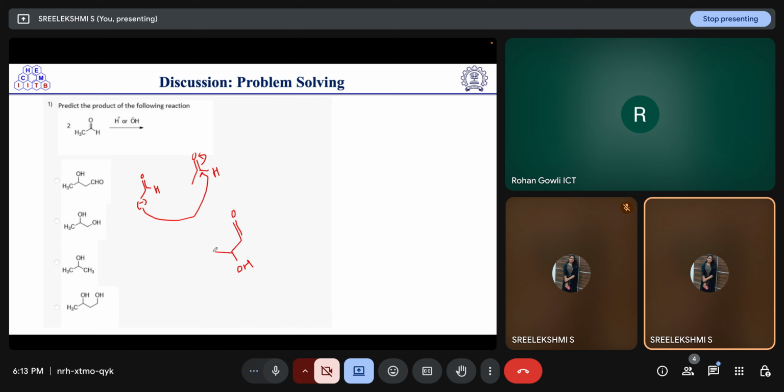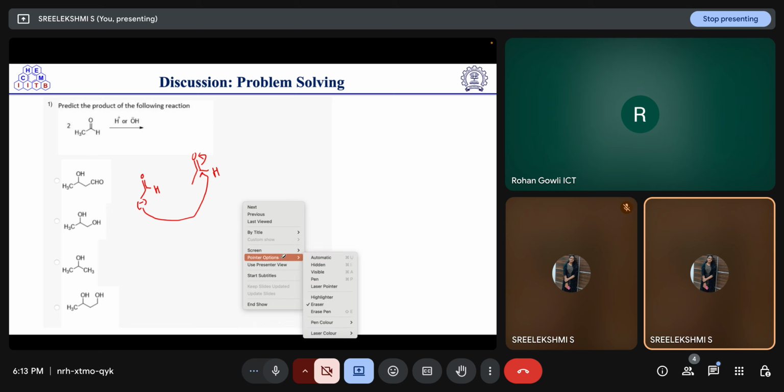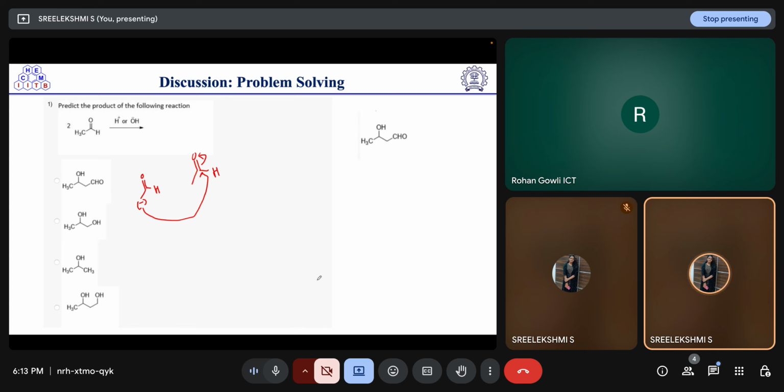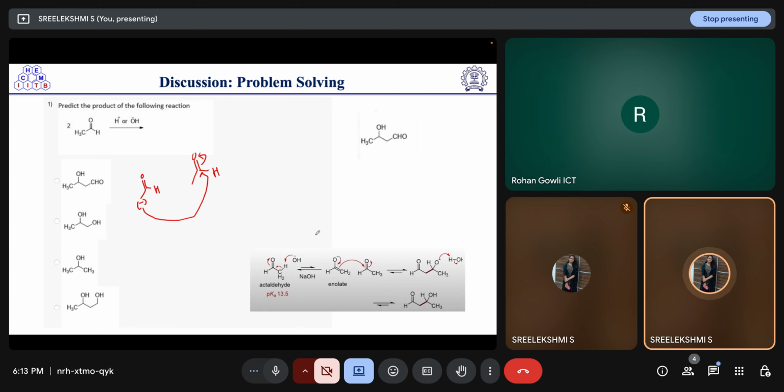So that will be converted into OH. Here I missed one carbon. One, two, three. I think I have the answer. So this OH minus will first abstract this proton.